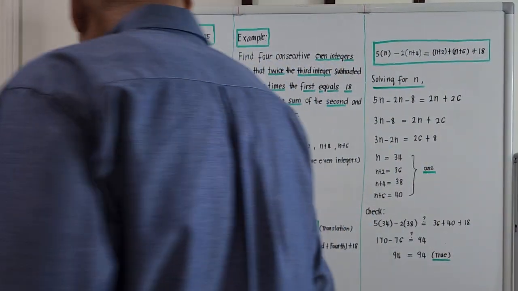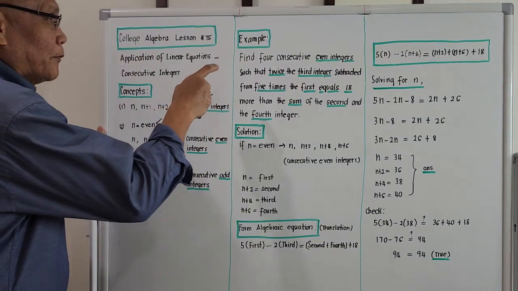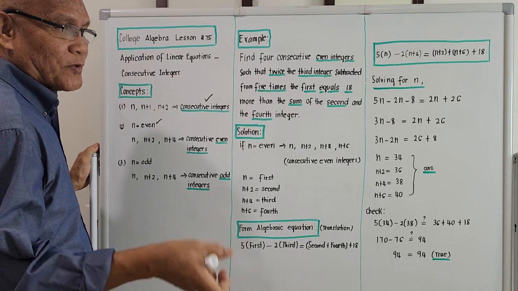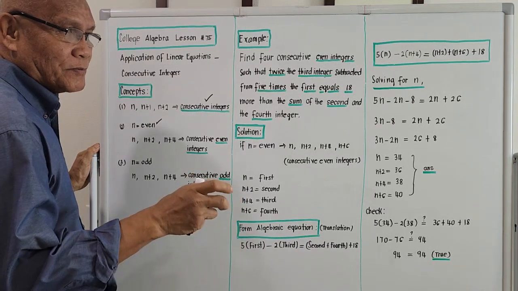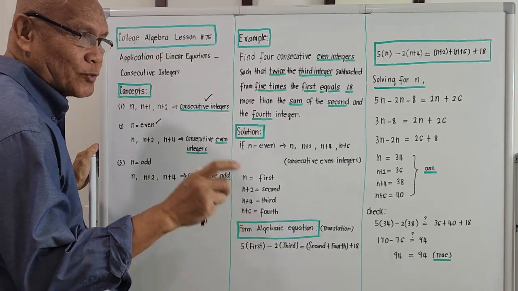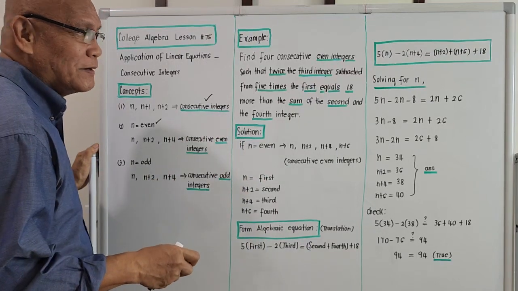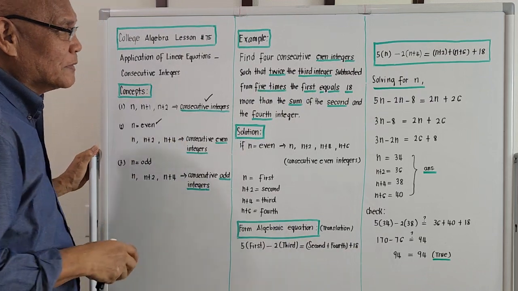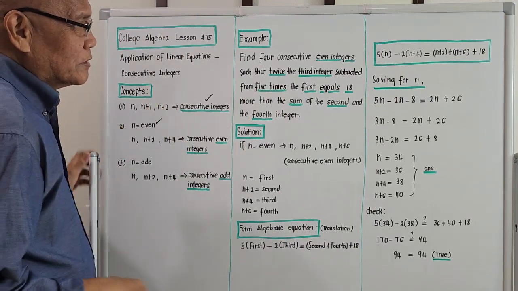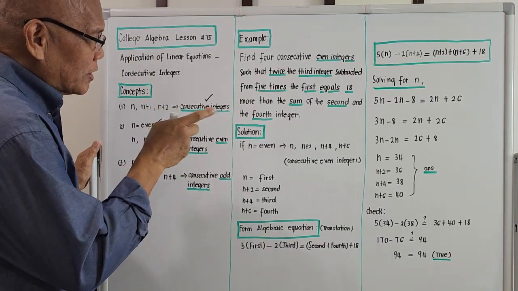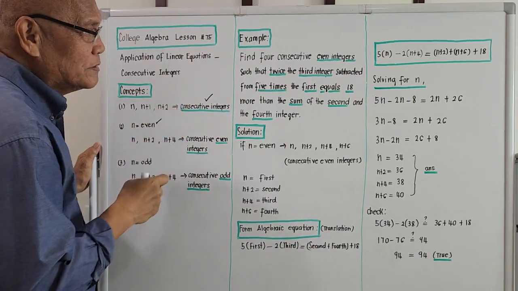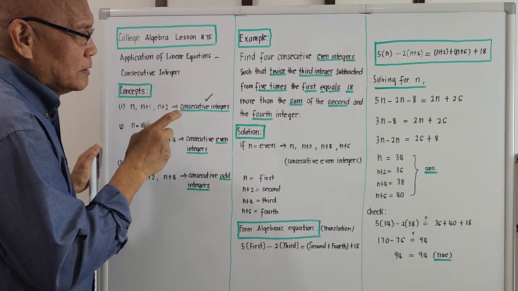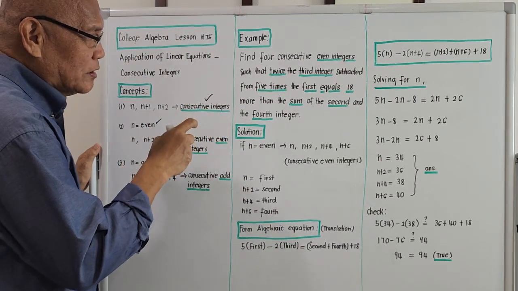Okay, I will try to read the problem. Find four consecutive even integers. The problem is specifying that the numbers we should look for will be even integers, right? Find four consecutive even integers such that twice the third integer subtracted from 5 times the first equals 18 more than the sum of the second and the fourth integer.